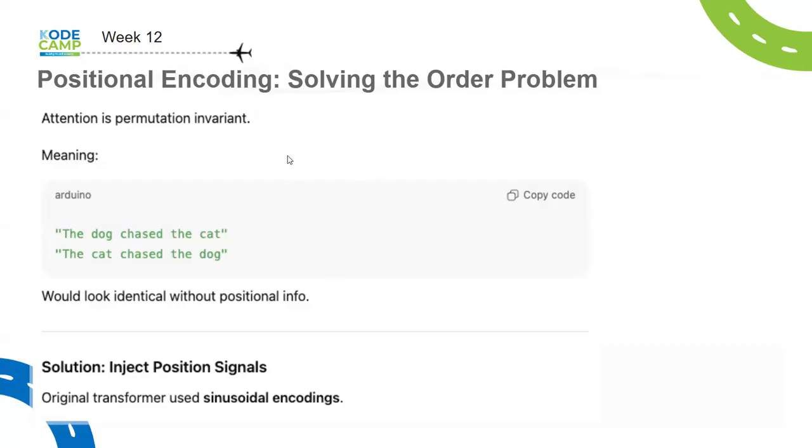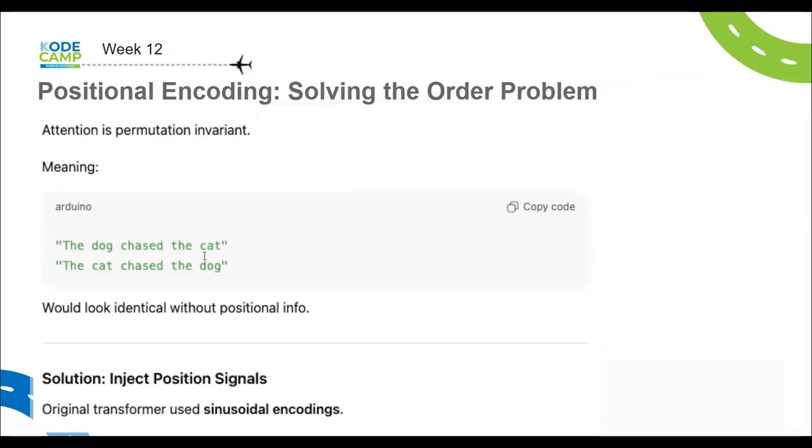So what that means effectively is that if you have a sequence like this, the dog chased the cat, you will tag each position with a unique number, right? So you could, for example, tag this position with number 1, tag this position with number 2, number 3, number 4, number 5, right? So the token will be enhanced by this positional tag, right?